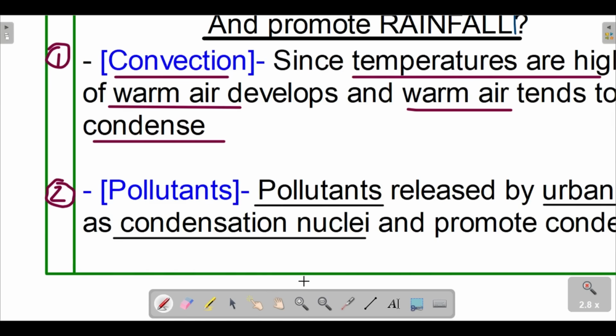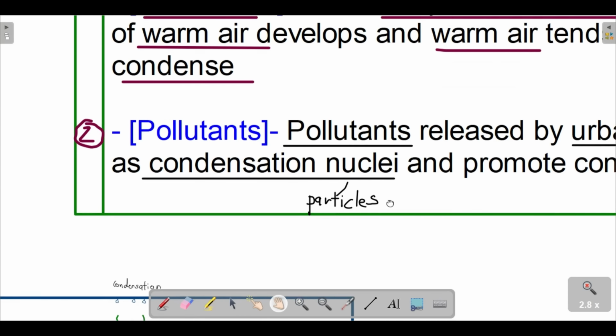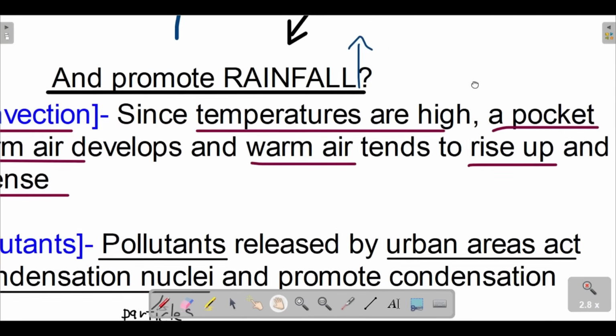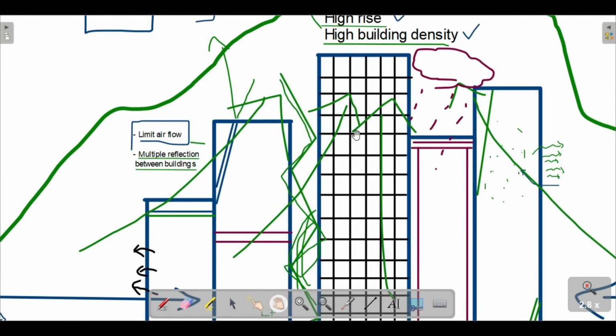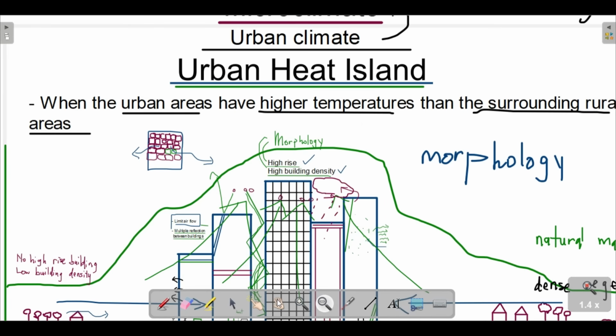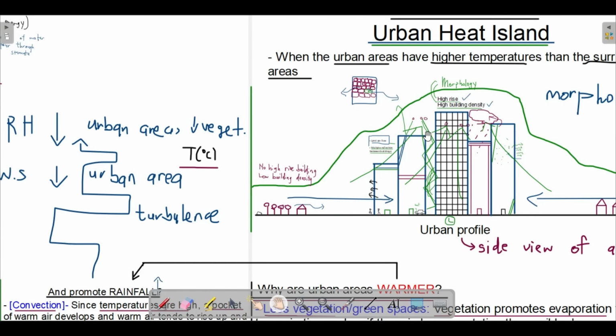Condensation nuclei are the particles on which the warm, moist air will condense. So the warm, moist air that is rising from the urban area gets in contact with pollutants. Once it gets in contact with these pollutants, it can condense and form clouds. So these clouds form because of the pollutants.